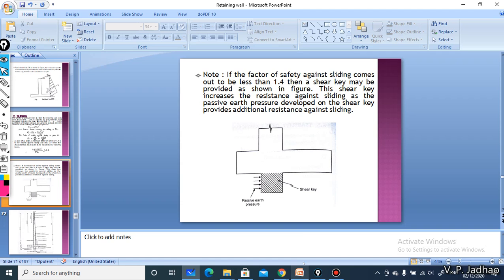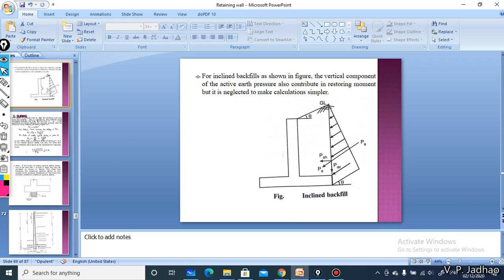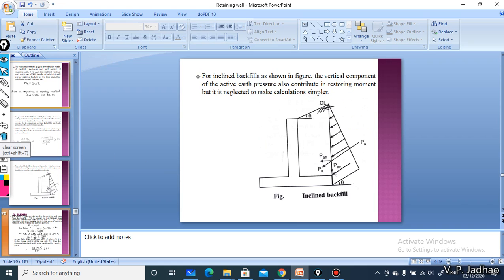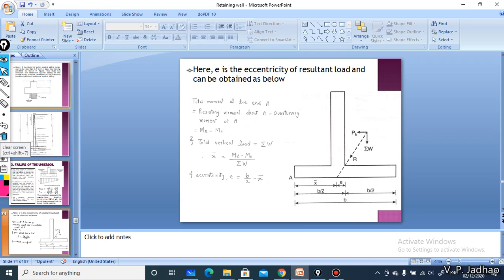We have already seen in some figure, I think. Here you can see some force pH is acting like this. This pH is developed due to the active earth pressure of your soil, whereas summation of W is the sum of W1, W2 plus W3 plus W4.